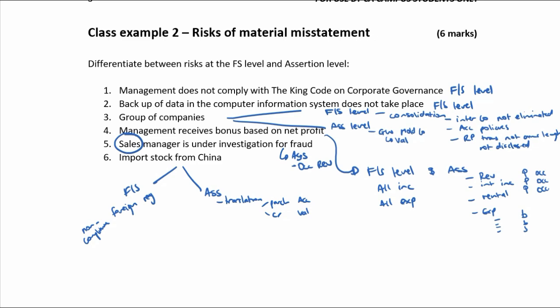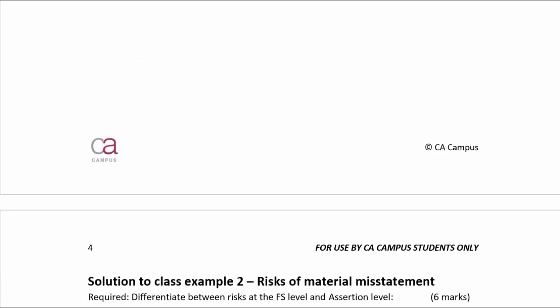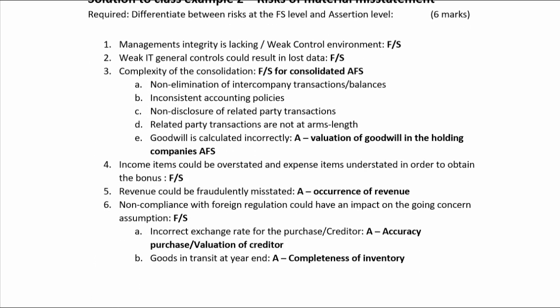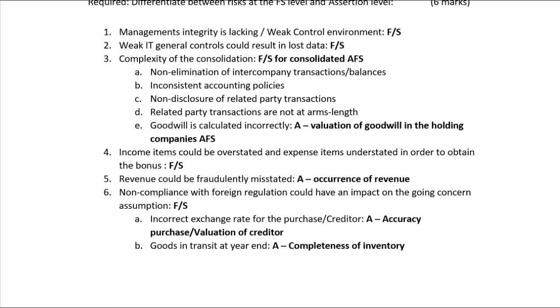Okay, so guys, if you go have a look at the solution here, the only one where I changed the answer is the bonus based on profit, which I said is at the financial statement level. I just went one step further and discussed how it could affect the specific transactions in the financials, because I can limit it just to income and expense.